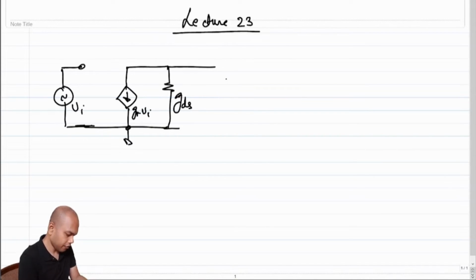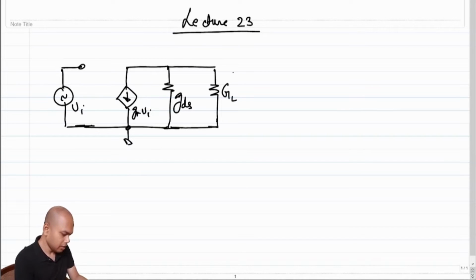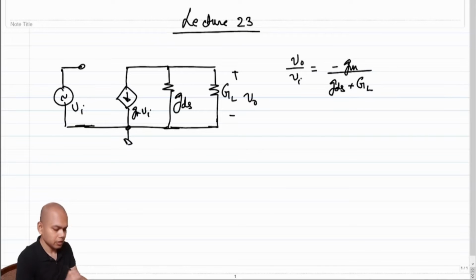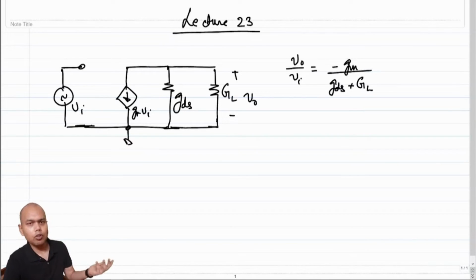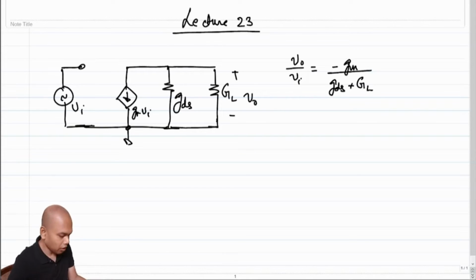And if I have an output load marked as GL and we are taking the output across the output load, what do we observe? We observe that V0 over Vi became minus Gm over GDS plus GL, and naturally this is a lower value of gain than that we have gotten in the absence of GDS.